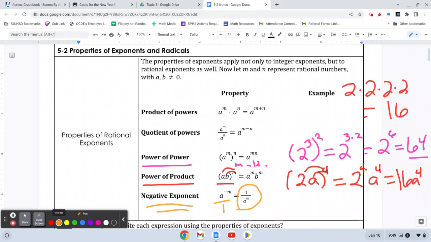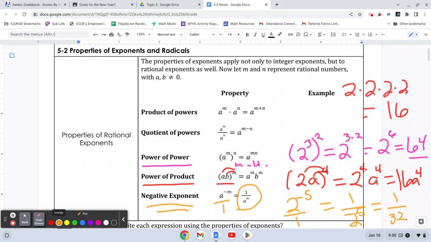So let's say we had 2 to the negative fifth power. Remember, there's an invisible 1 down here. We're going to take the reciprocal, or flip it, move it to the bottom floor. When it moves to that bottom floor, it becomes positive. So we get 1 over 2 to the fifth power. And as we've seen many times now, 2 to the fifth power is 32.